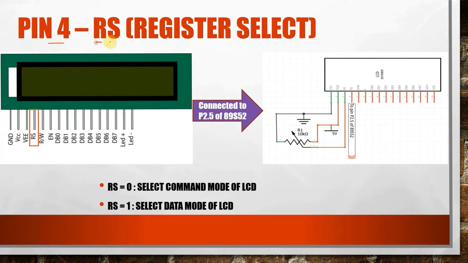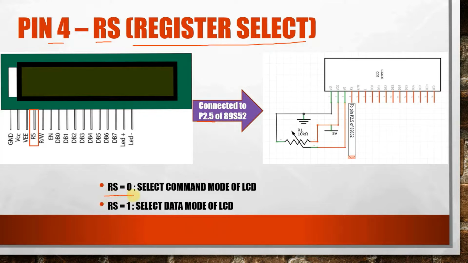Pin number 4 is RS, called register select. It is connected to pin 2.5, that is port 2, bit 5 of the 89S52. The LCD has 2 modes, command mode and data mode.